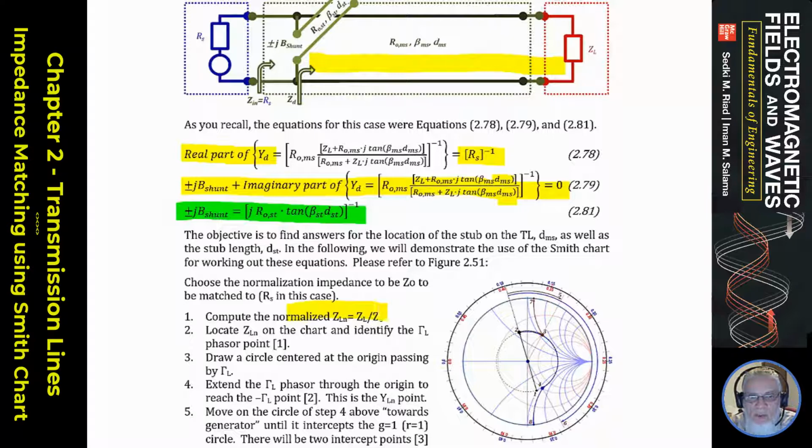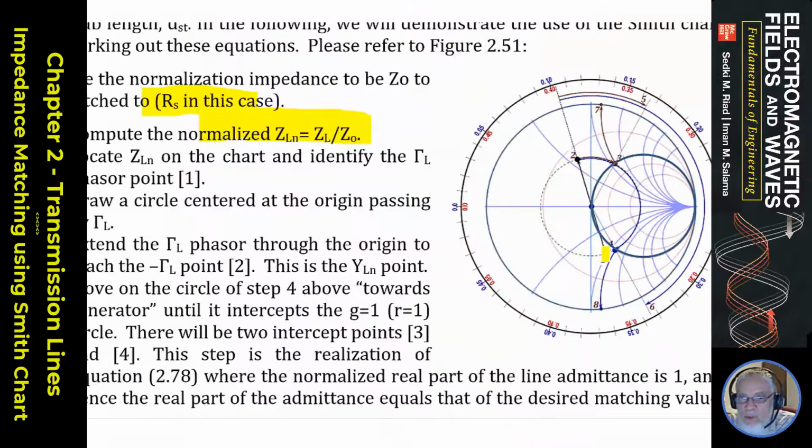Again, we start by choosing a normalization impedance, and that could very well be the characteristic impedance of the source, for example R sub S, and that's actually what we chose here. So we divide Z sub L by the characteristic impedance that we chose. So here's point 1, where we normalize the impedance of the load to the reference impedance that we chose, and then we need to get that in terms of admittance, because you remember we are working a shunt stub problem, so we need the admittance.